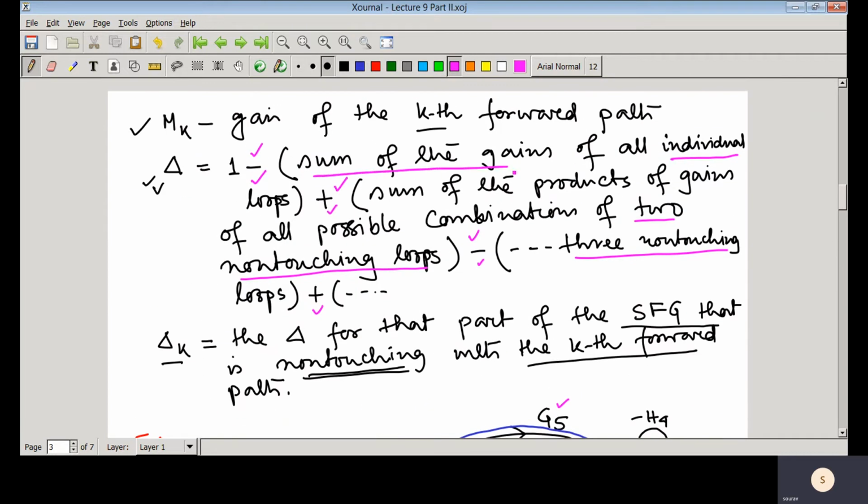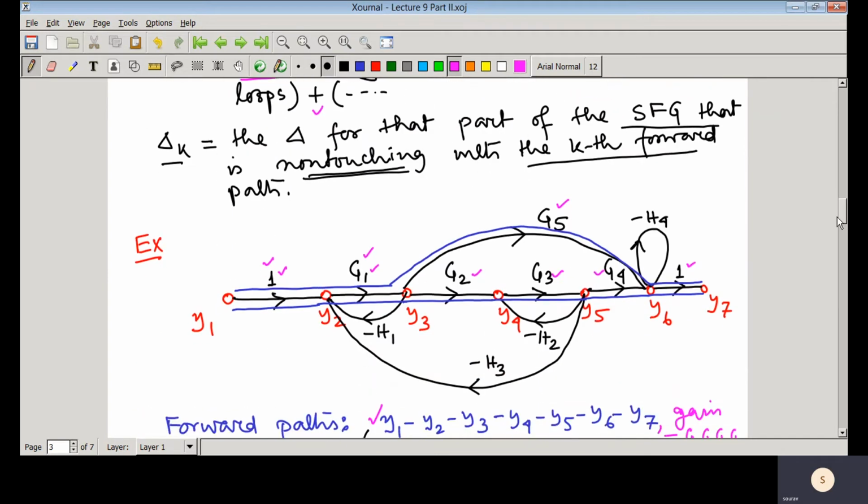the sum of the gains of all individual loops. So how many loops are here? Here you can see this is one loop. Now this is another loop. Then we have another loop here.